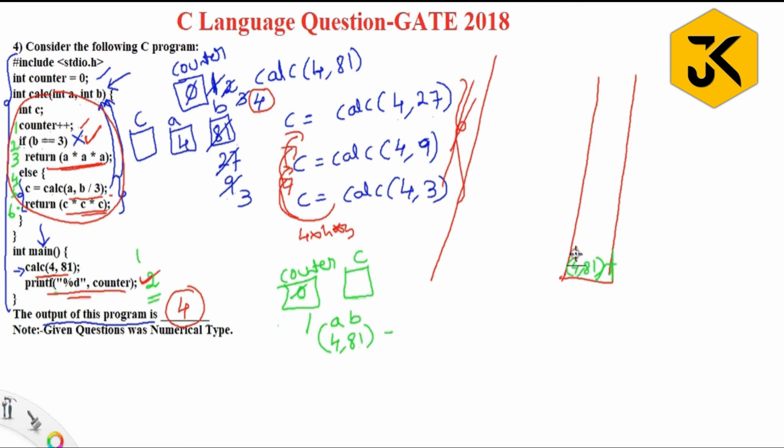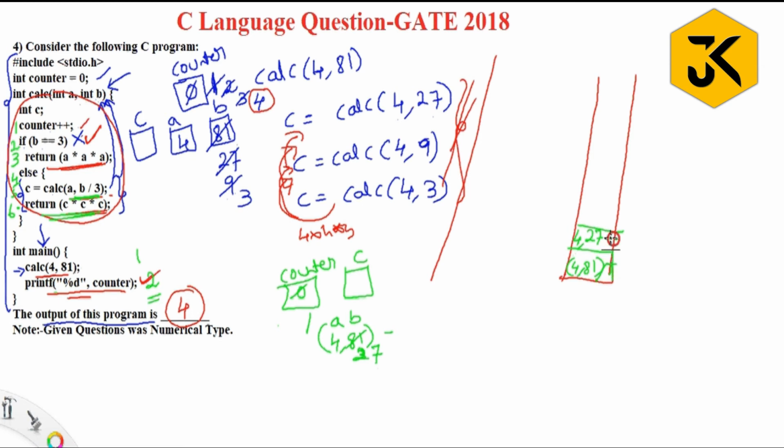Means this 4 comma 81 statement is going to call 4 comma 27, because 81 by 3 is 27. After successful execution of 4 comma 27, which line of statement is going to execute? The sixth line.